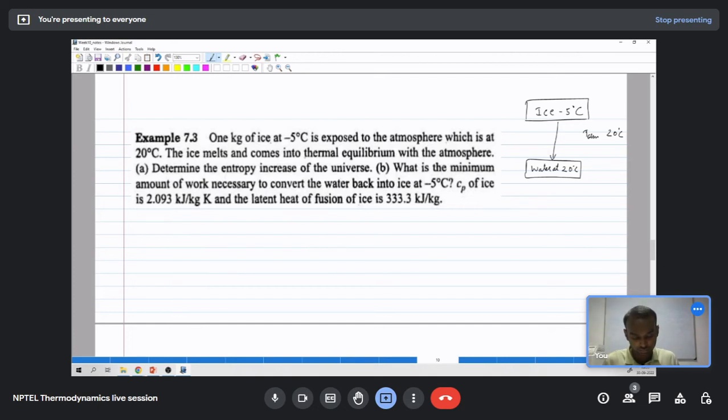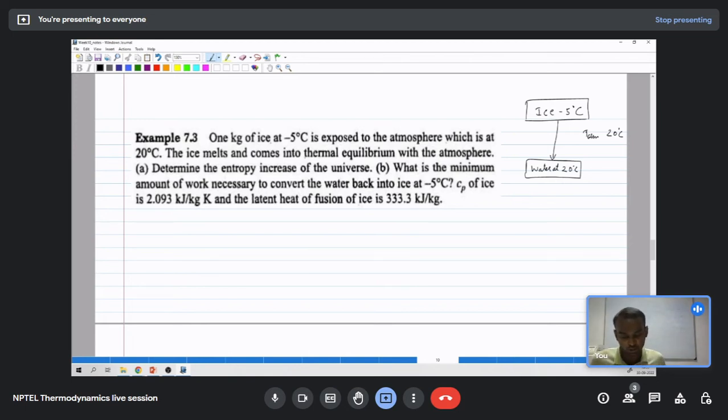Initially it is in the solid phase, so during the solid phase the Cp of the ice is given, and then there is a latent heat of fusion at 0 degrees Celsius, where the phase change happens from ice to water, and then from 0 degree water to 20 degrees Celsius water, again some more heat has to be supplied to bring it to this state.